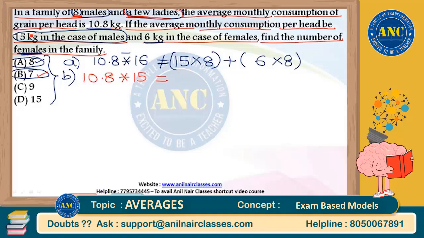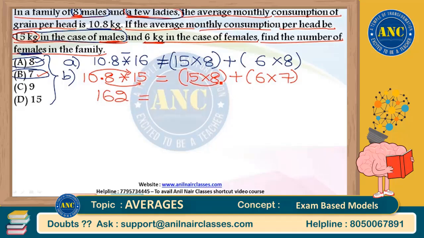Right hand side, 15 kgs in case of males, 15 into 8 males, and 6 kgs in case of females, 6 into 7 females. 10.8 into 15: 10 into 15 is 150, 0.8 into 15 is 12, so it is 162. Right hand side is 15 into 8 is 120 plus 42, it is 162. Left hand side is equal to right hand side, therefore my assumption of 7 is correct.